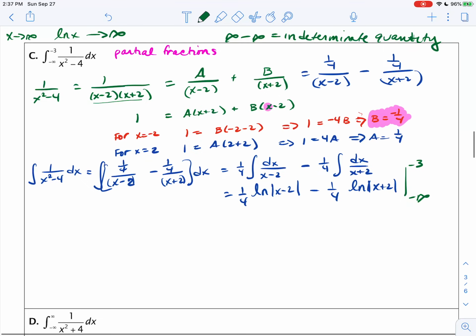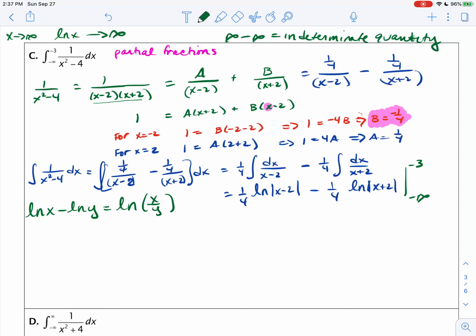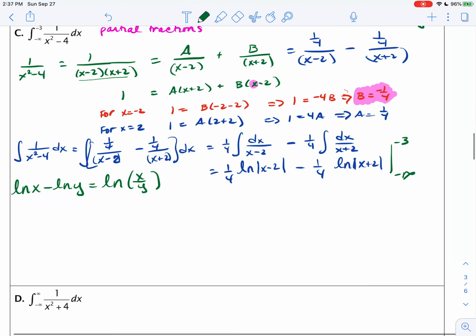But I can use my properties of logarithms: ln of x minus ln of y is equal to ln of x divided by y. And knowing our limits, the limit of a composition of continuous functions over an interval is the composition of that limit, so we can put the limit on the inside.